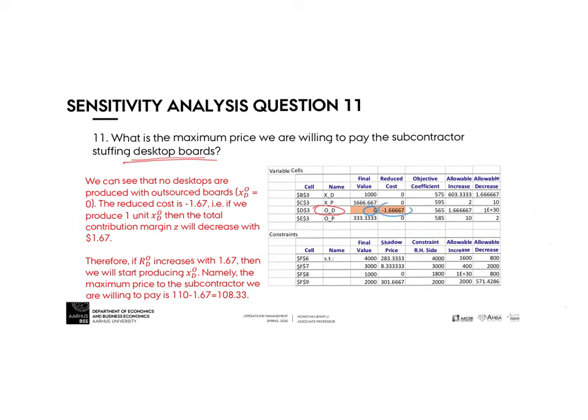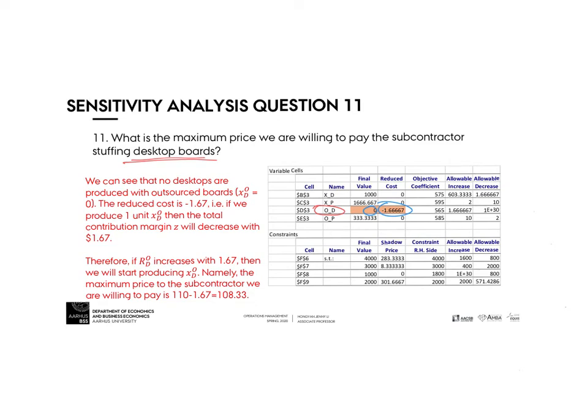And here the reduced cost tells how much too high the subcontractor's price is. If you reduce the price paid to the subcontractor, it is possible to buy products from this subcontractor.